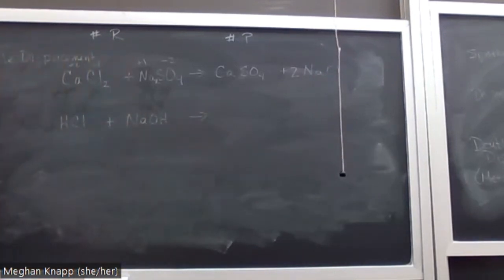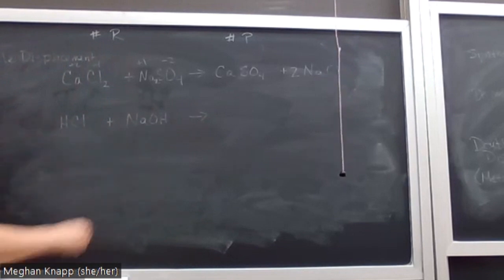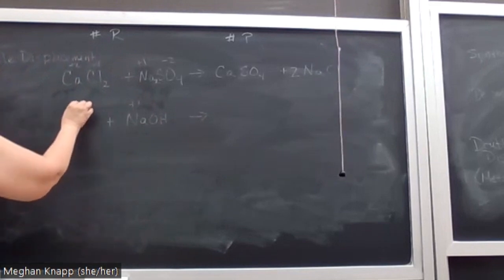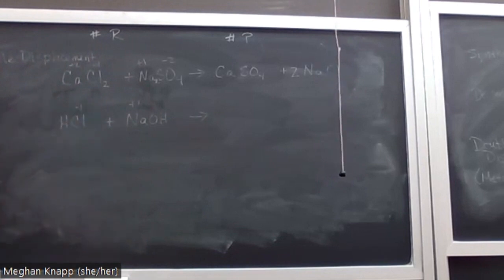So let's look at the sodium first. Sodium is a +1. Which is it going to get together with, the hydrogen or the chlorine? The chlorine, because the chlorine is the negative one. And then we had talked about hydrogen when it's an acid, it acts like a +1, right? Because it changes the charge of carbonate from a -2 to a -1 when it becomes hydrogen carbonate.